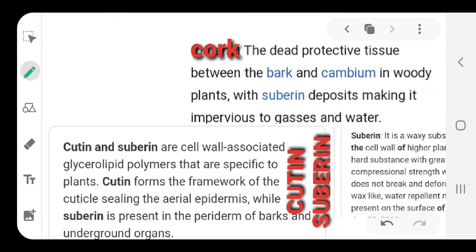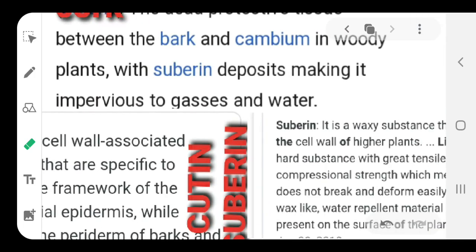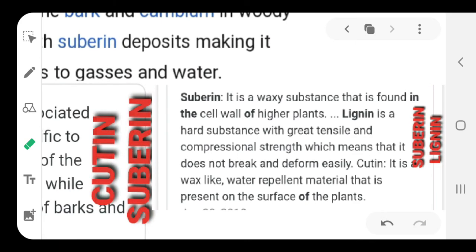Cutin forms the framework of the cuticle, sealing the aerial epidermis, while suberin is present in the, underline the word, periderm, a part of the bark and the underground organs of the plant. So, underline both the terms suberin and cutin. I hope things will be cleared up, and make sure you read them and write down the notes as we read the whole data.